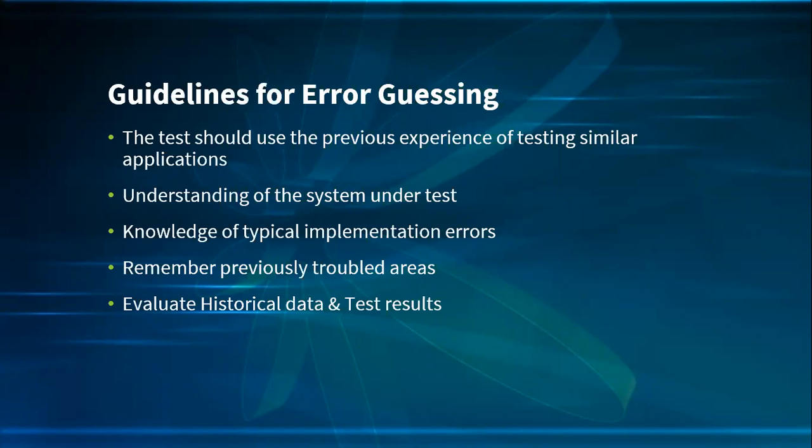Then evaluate historical data and test results. Look at what you had previously, and do your checks to ensure that test results reporting at this phase are well documented. So these are just the guidelines when it comes to error guessing.